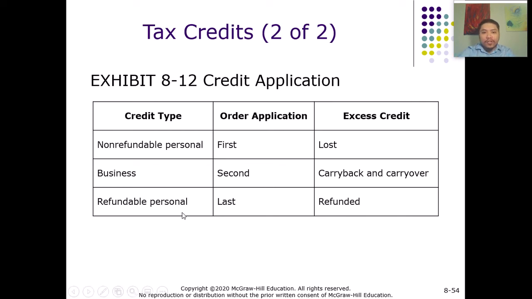And then for the refundable personal credit, if we don't use all of them, then we can get refunded from the government. So again, I don't intend to go deeper into the tax credits, because there are multiple tax credit programs out there, and I don't think we have enough time to go deeper into the tax credit programs.